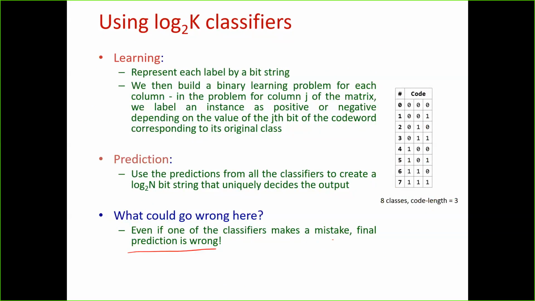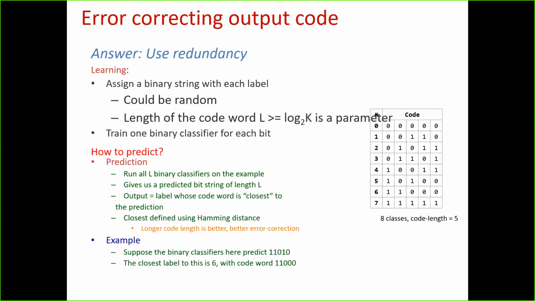So to avoid this problem, we add error correcting bits. That is why it is ECOC SVM. Error correcting bits are additional bits that we add randomly. In addition to these 3 bits, we are adding 2 more bits. 2 means a constant; you can also add 3 or 4.